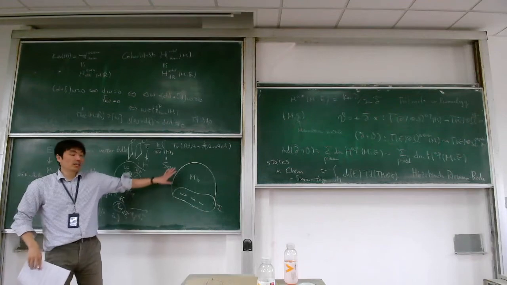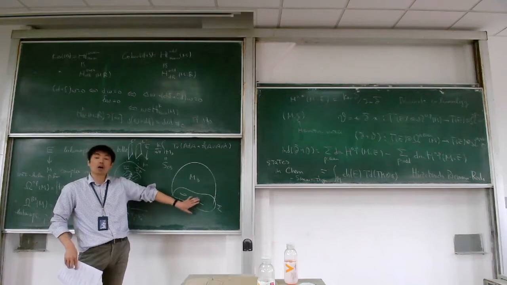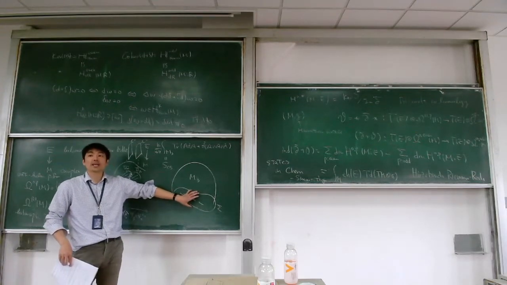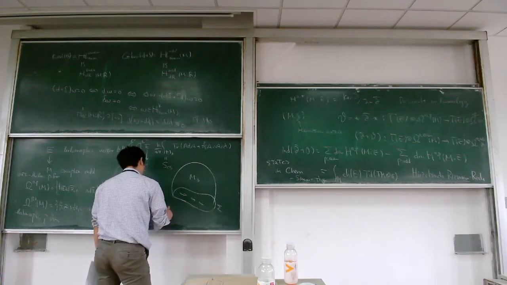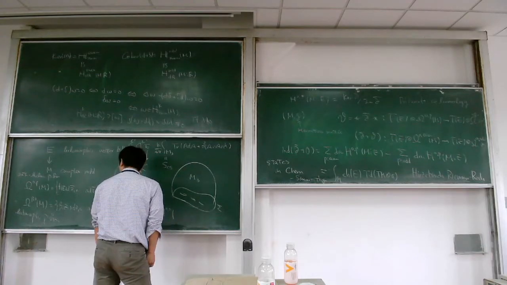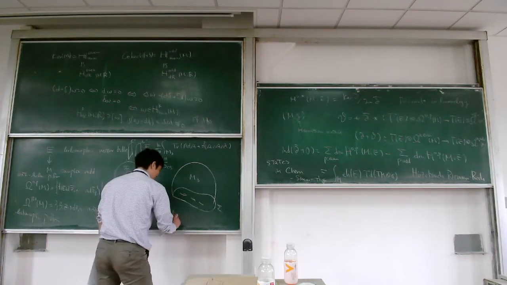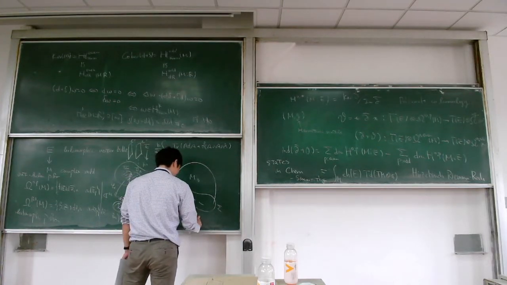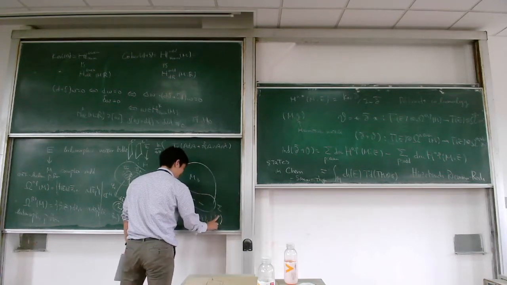If you have a Chern-Simons theory, you can associate some Hilbert space at the boundary. And this Hilbert space at the boundary can be understood as the holomorphic section of the moduli space of flat connections of Sigma for complex G, L to the K.